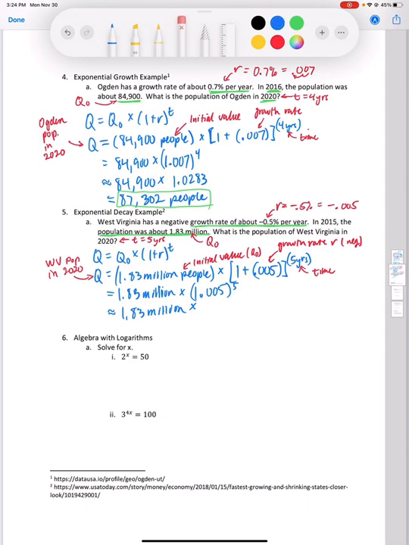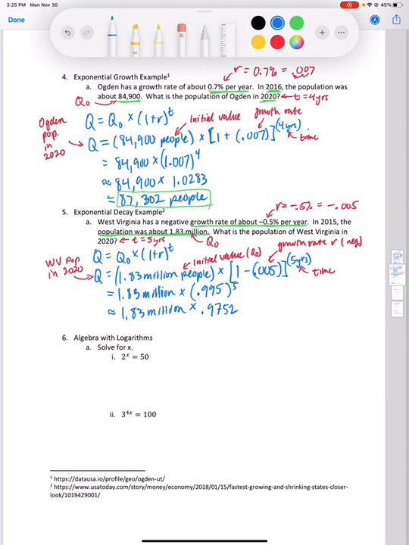I made a mistake here. This should be subtraction, right? When you have a negative growth rate, you need to subtract it off. And when I do that, I'm not having 1.005 to the 5th, I'm doing 0.995 to the 5th, which when I do that, I get 0.9752, which goes on forevermore, so it's about equal to that.